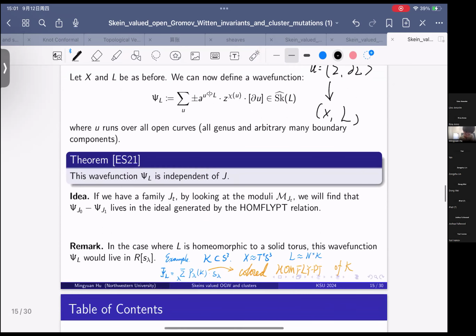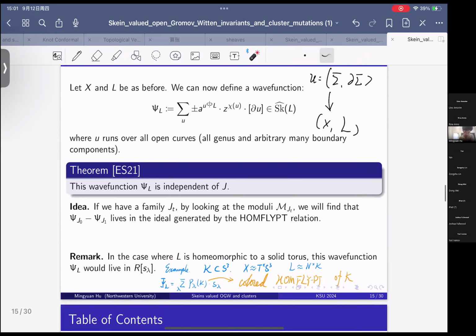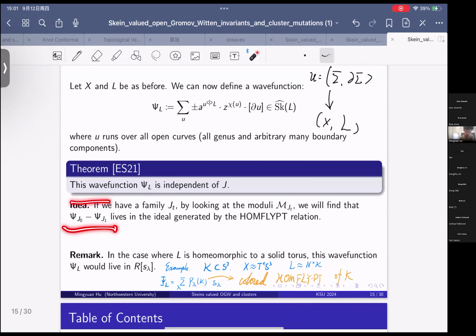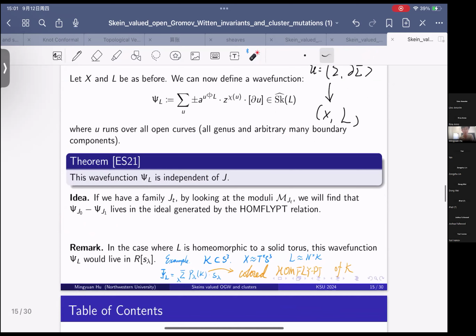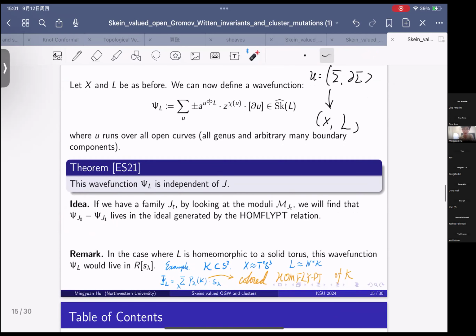So if we have a family of J, we will find that the difference exactly lives in the skein relation, so it's well defined inside the skein module. That's the same. Any question so far?